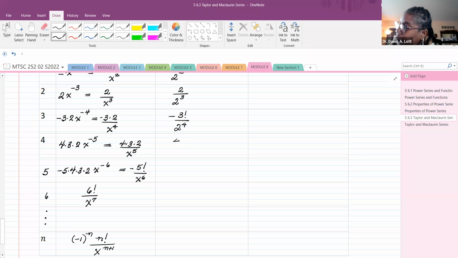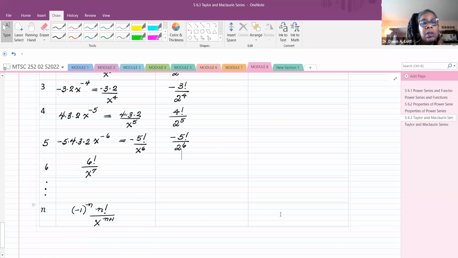I'm going to get 4 factorial over 2 to the 5th. I'm going to get negative 5 factorial over 2 to the 6th. So can anybody give me the most general formula? Only one thing has changed. What's been changing? It's really just x.